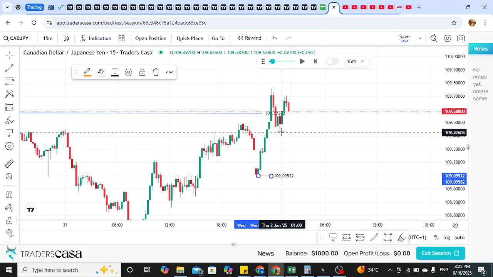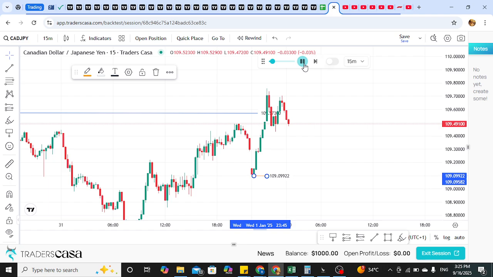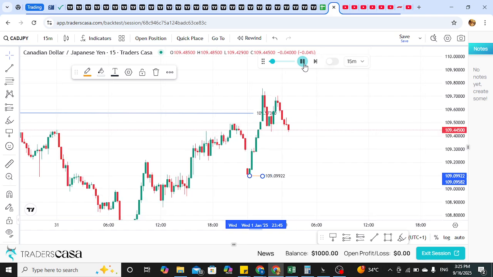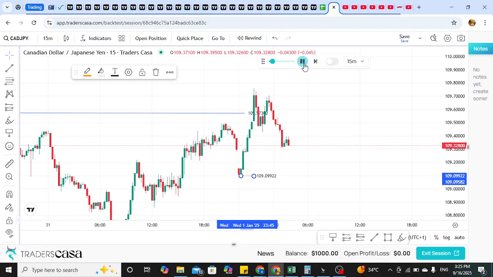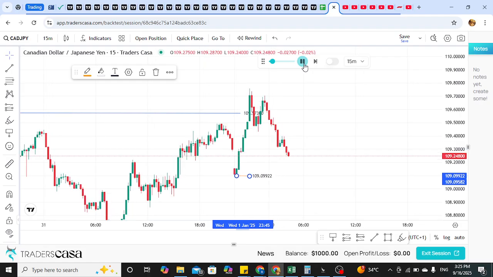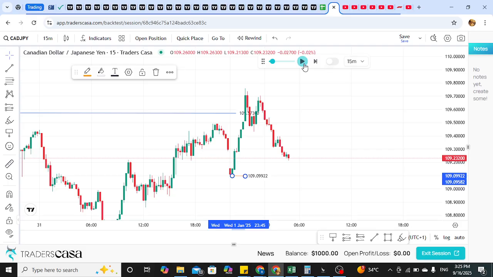Okay, this is a pullback, but we did not break this high. So until now, this is the recent pullback for the highest high. Okay, so we might get a hit and another minor inducement.